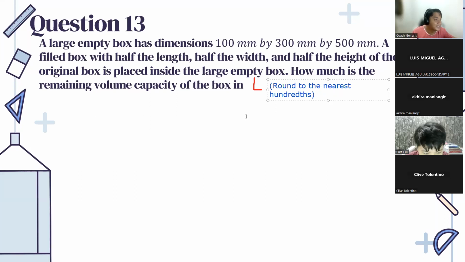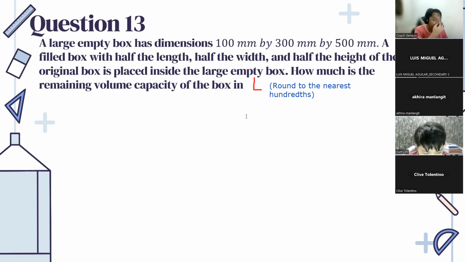Okay. So let's answer number 13. A large empty box has dimensions 100 millimeters by 300 millimeters by 500 millimeters. A filled box with half the length, half the width, and half the height of the original box is placed inside the large empty box.